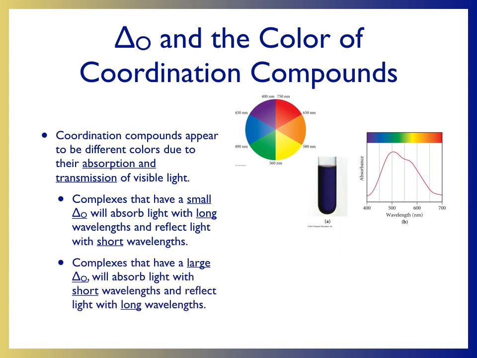If you have a complex ion that has a larger delta O, it's going to absorb higher energy light or shorter wavelength light, leaving the longer wavelength light to be reflected or transmitted by the solution. This means that the color will appear more red shifted.